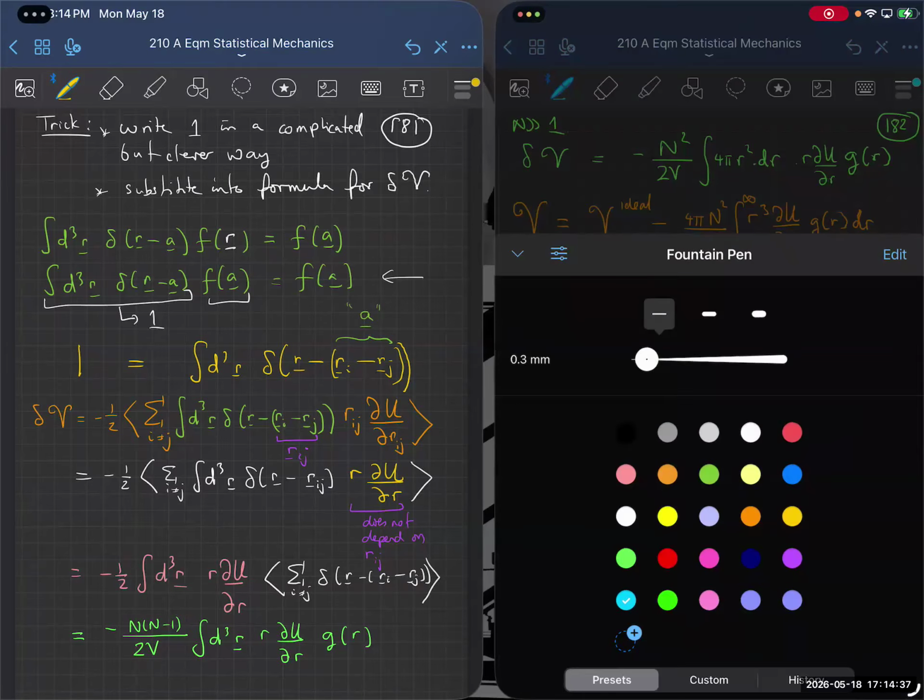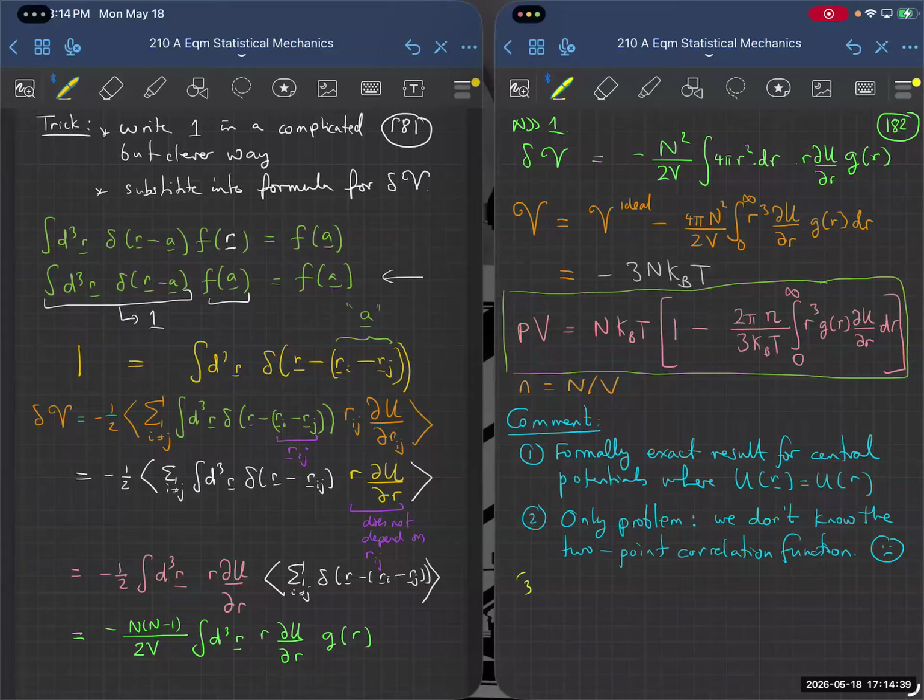So we don't know the 2-point correlation function, and we can calculate it if we know the 3-point correlation function.